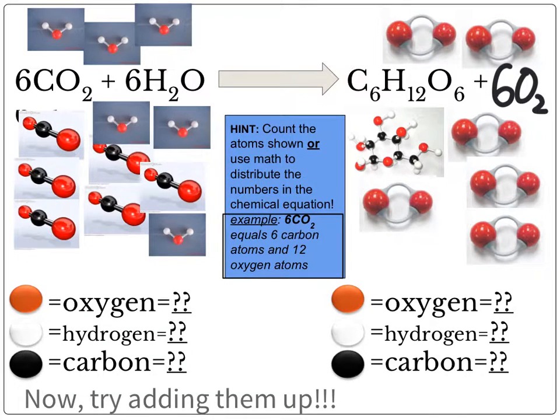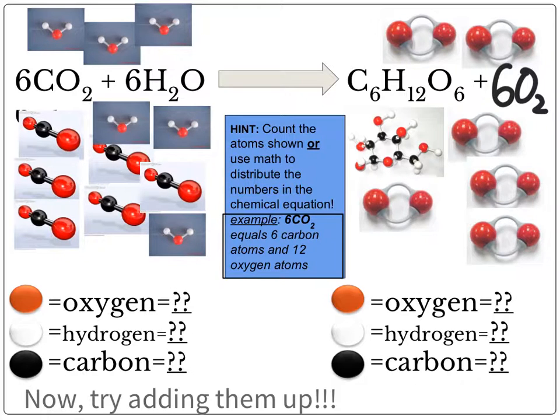That's because the chemical equation actually looks more like this, where on this side of the chemical reaction you're going to have 6 carbon dioxide molecules combined with 6 water molecules.